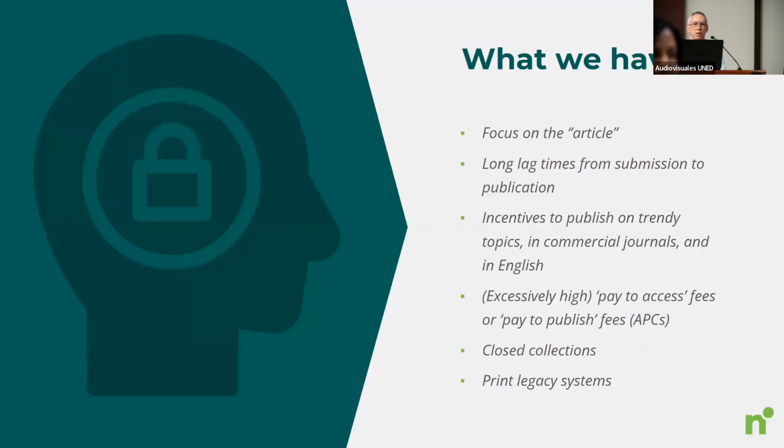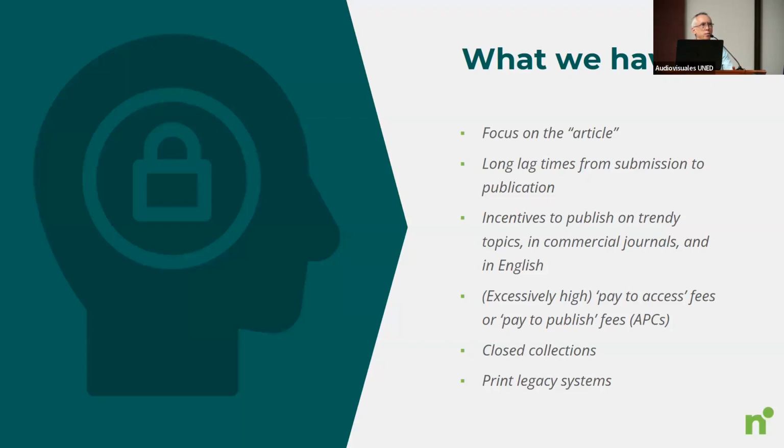So, what is the current context? I think the research community, research performing organizations, and research funders are increasingly aware of the shortcomings of the current scholarly communication system. We have a system that is completely focused on one type of research output, the article.